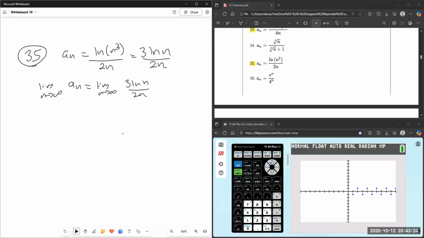I didn't talk about this earlier, but we were talking about which function grows faster, because that's really what L'Hopital's rule is telling us about. So ln of n grows slower than the linear function n, but we can use L'Hopital's rule here because this is going to approach infinity over infinity.